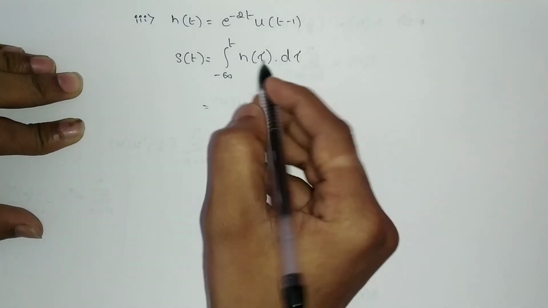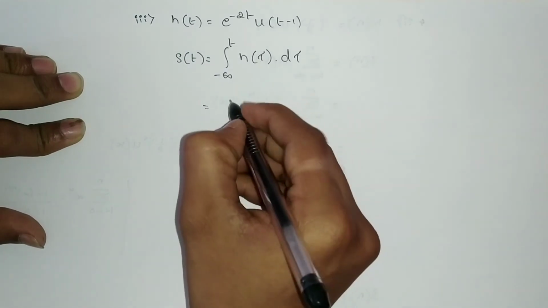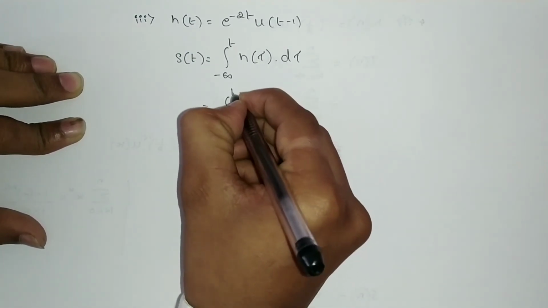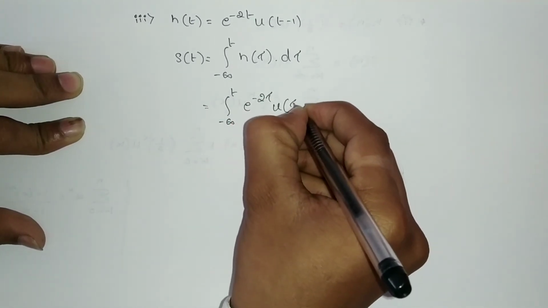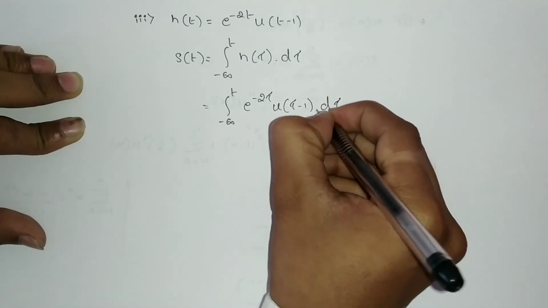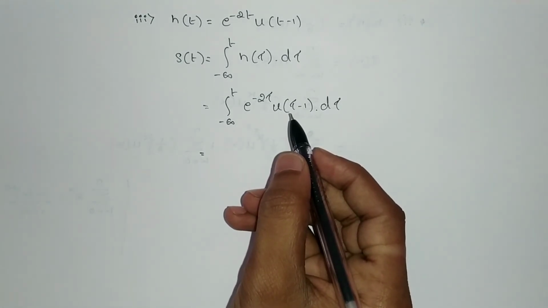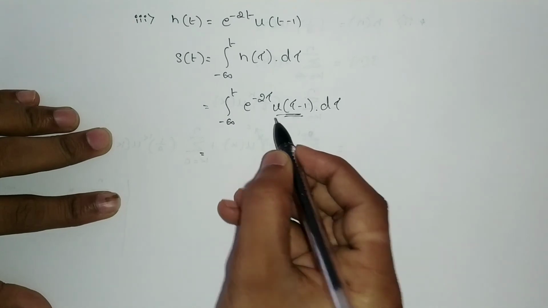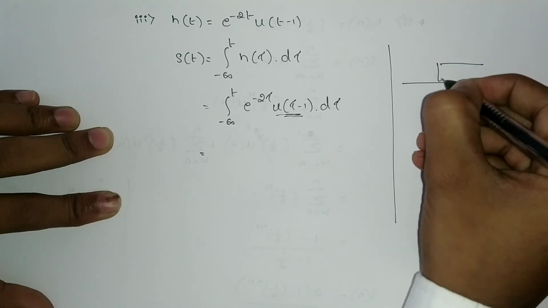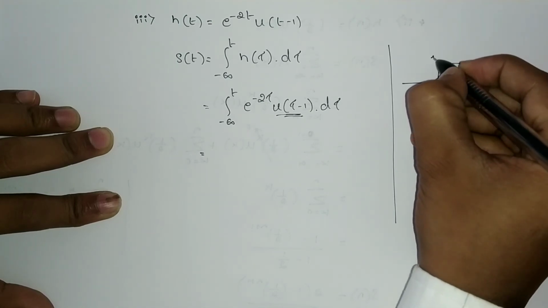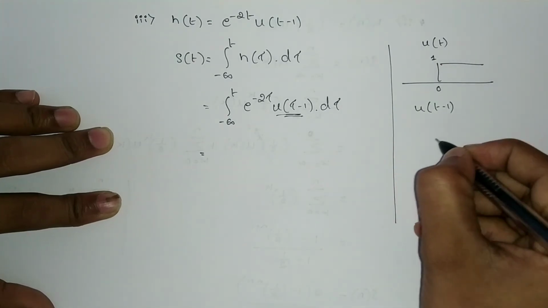Now substituting the value of h of t, since here we are having h of tau and here it is h of t, replacing t by tau, we will be getting minus infinity to t e power minus 2 tau into u of tau minus 1 into d tau. Again, if we check for the value of u of t minus 1, u of t starts at 0, amplitude is 1, and for u of t minus 1, the signal is delayed by 1 unit.